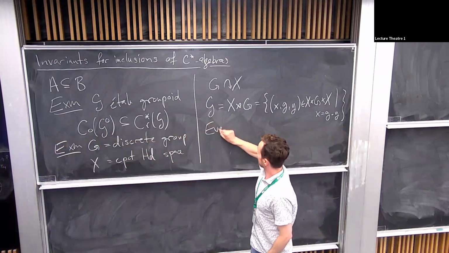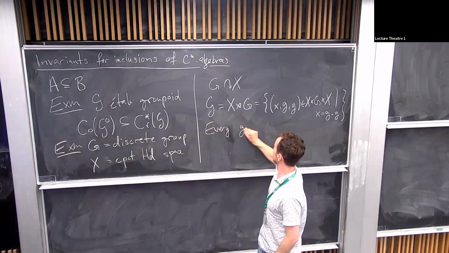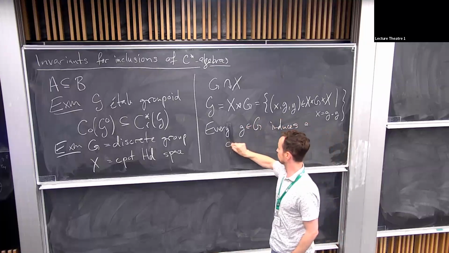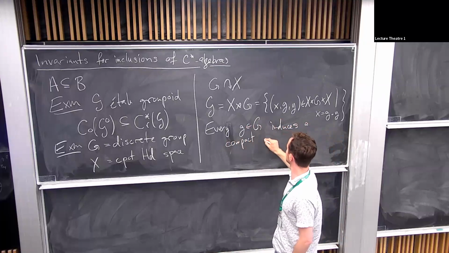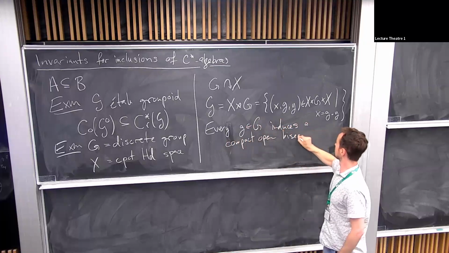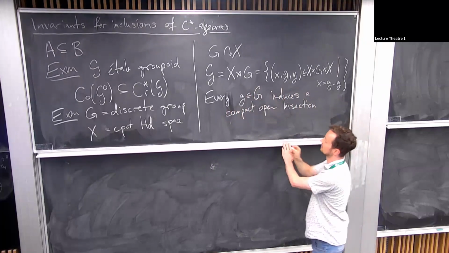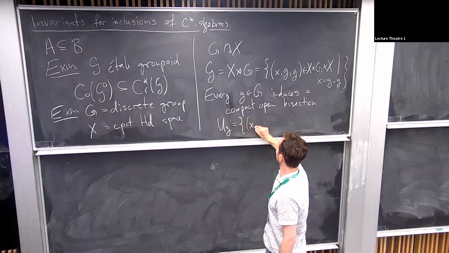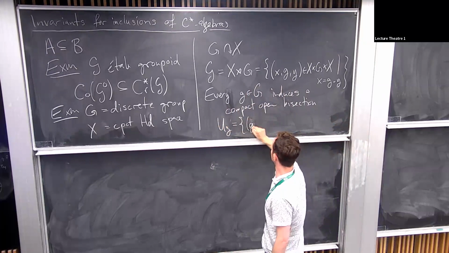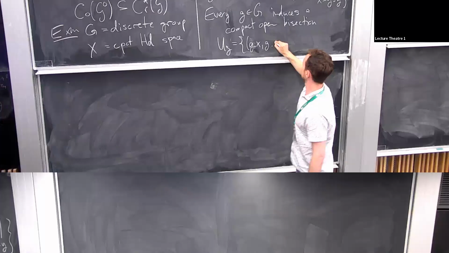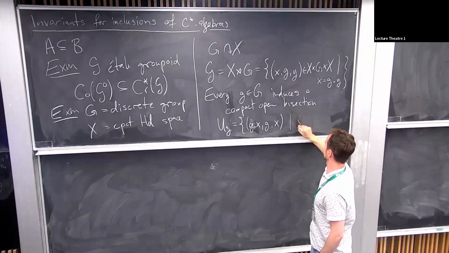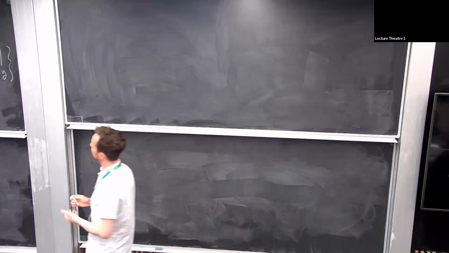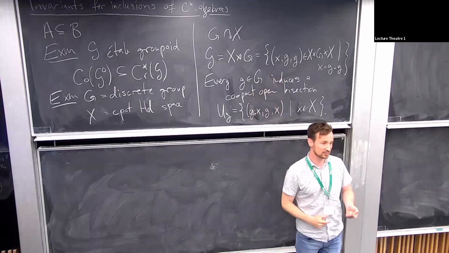So every group element induces a compact open bisection in this case, let's call it U_g, where U_g is just going to be all the triples of the form (g, x), g x, where x runs through X. So you get this nice family of compact open bisections in your groupoid.